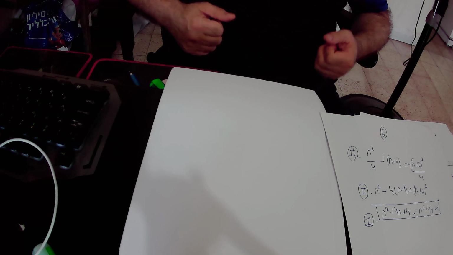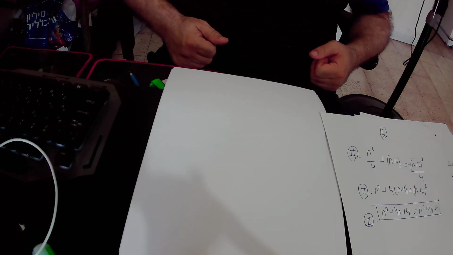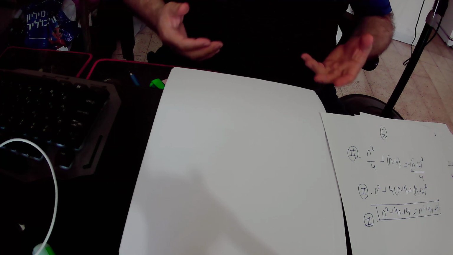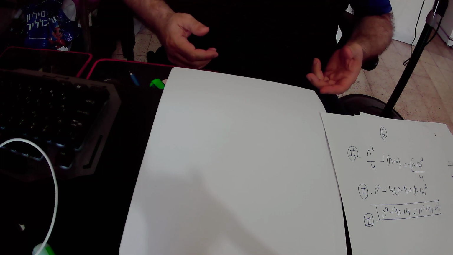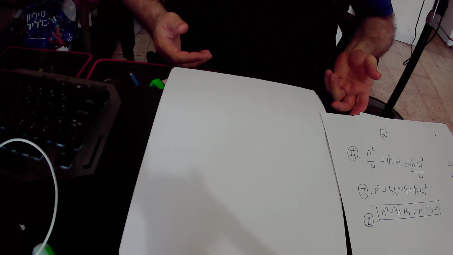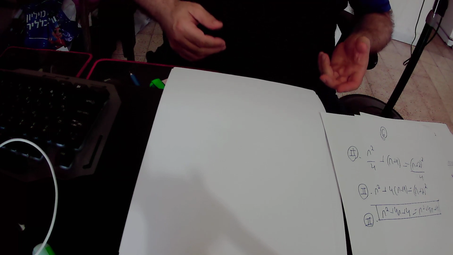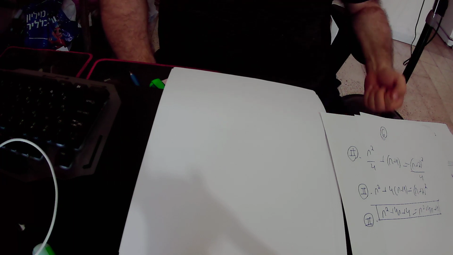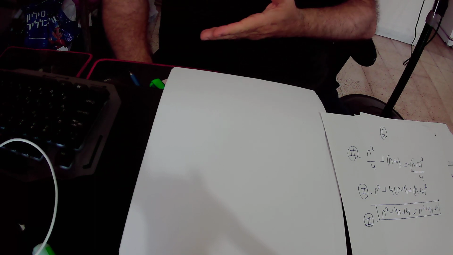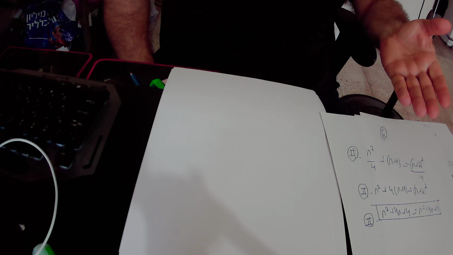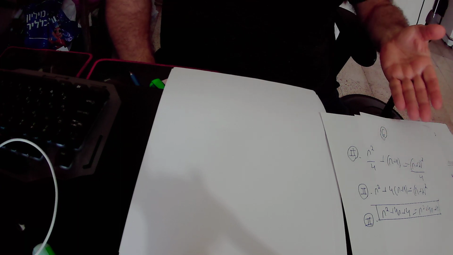And then in the second stage we actually proved that if the statement is true for n, it also must be true for n plus 1. So now that we know for sure that the statement is true for n, it also must be true for n plus 1 according to our general proof in the second stage.